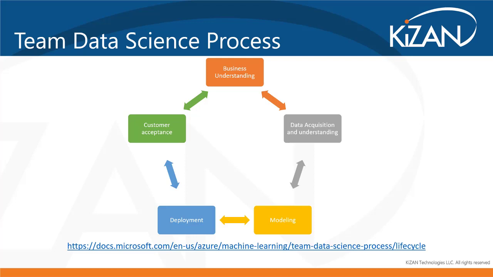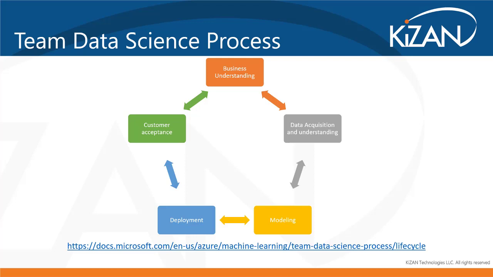This is called the team data science process, an agile, iterative data science methodology to deliver predictive analytics solutions and intelligent applications effectively. It includes best practices and structures from Microsoft and other industry leaders to help drive towards a successful implementation of data science initiatives.